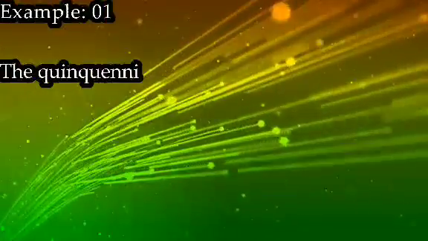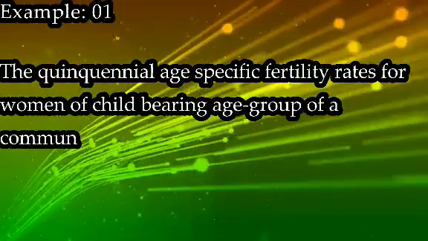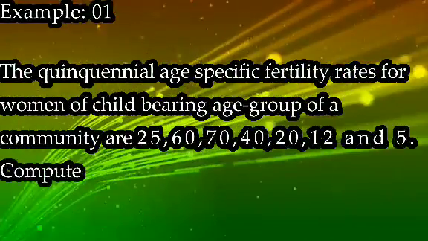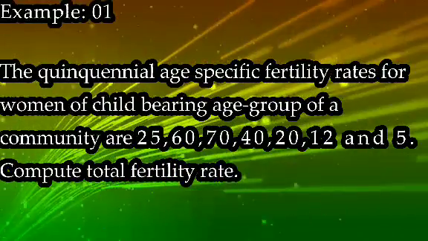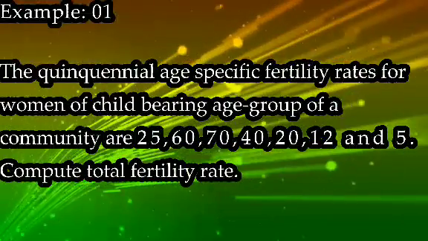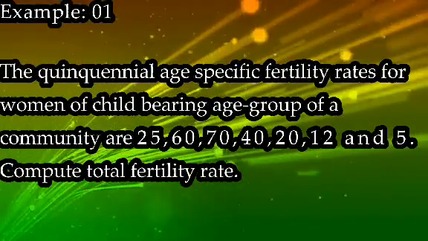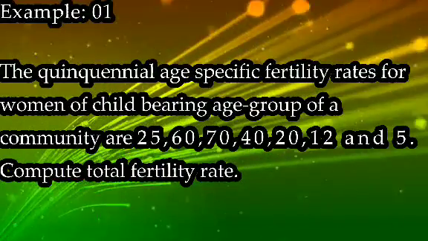Consider the given example. First example, the quinquennial age-specific fertility rates for women of childbearing age group of a community are 25, 60, 70, 40, 20, 12 and 5.